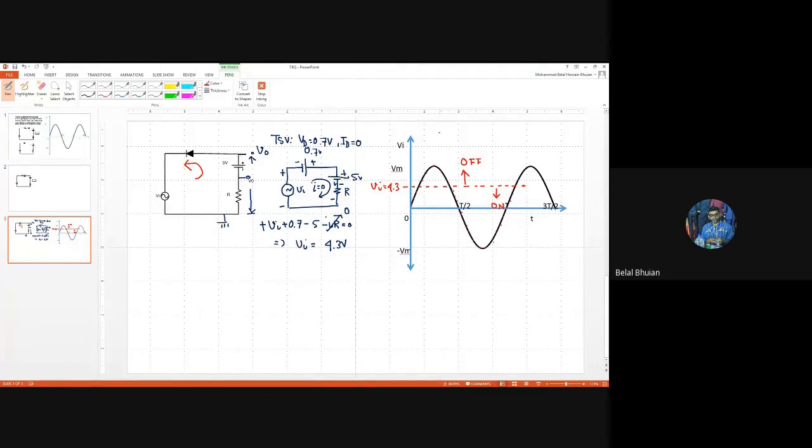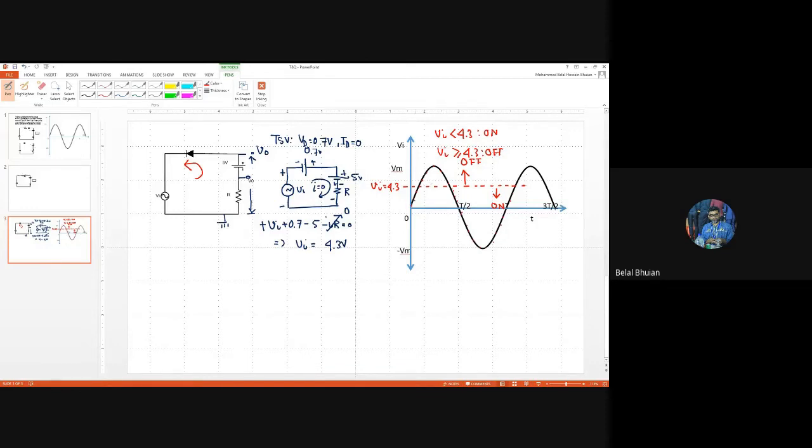So mathematically, I can write Vi less than 4.3, diode is on, and Vi greater than or equal to 4.3, diode is off. You see, this is how I can mathematically relate.